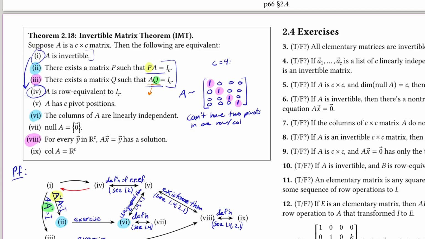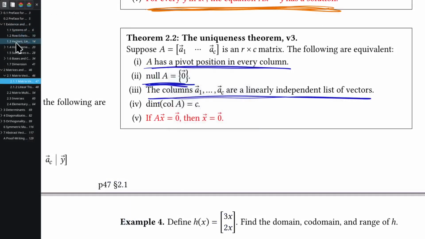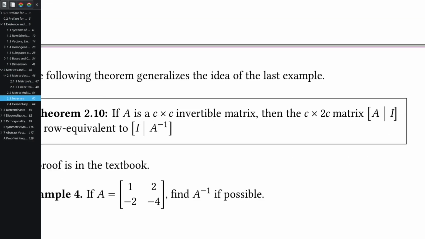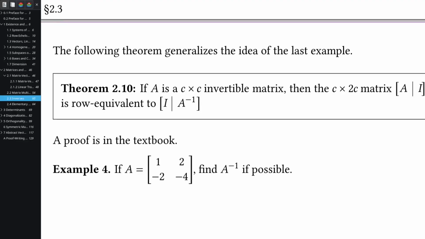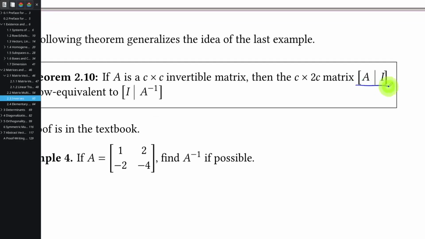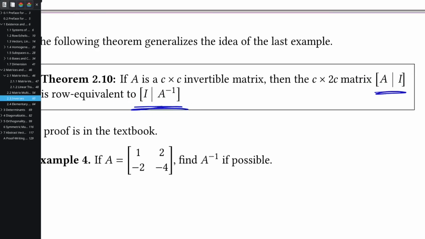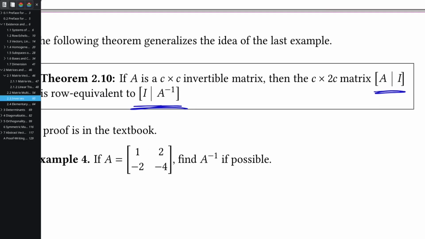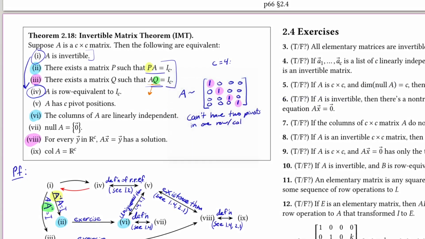That is true because of theorem, what number was it in 2.3? If A is invertible, then this augmented matrix, A augmented with I, is row equivalent to I augmented with A inverse. And if this is true, then the A part must be row equivalent to the I part of this, right? So that is theorem 2.10.